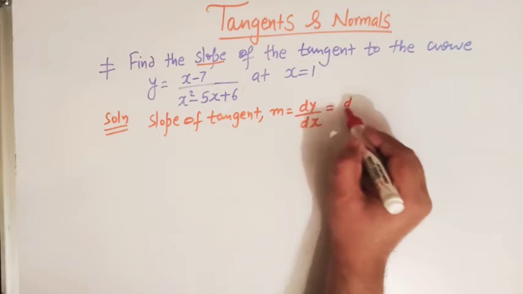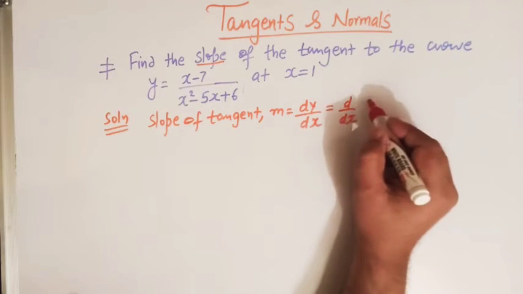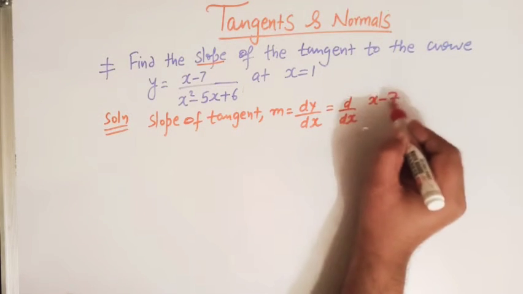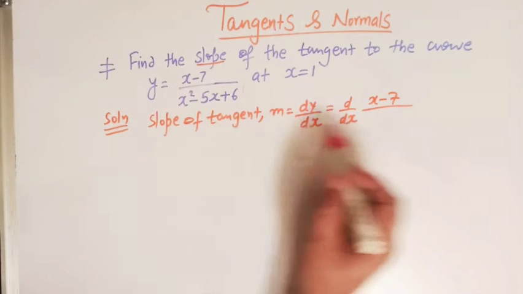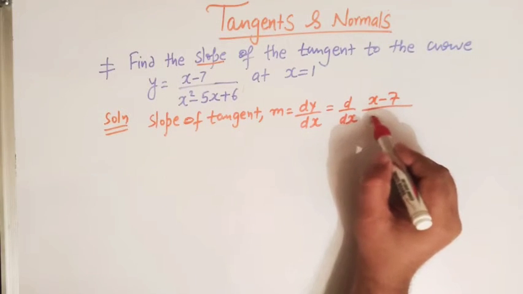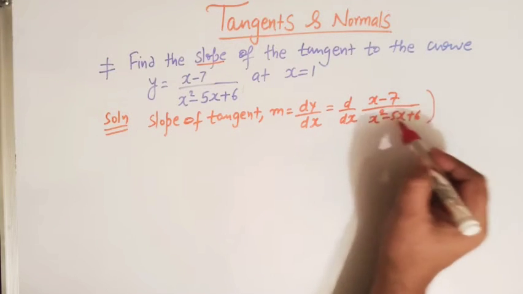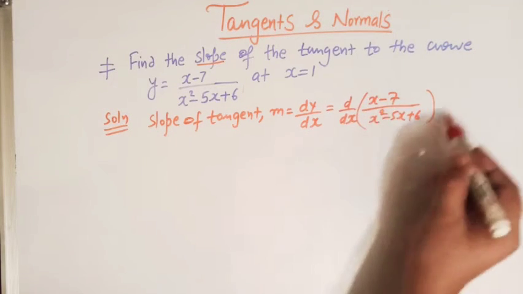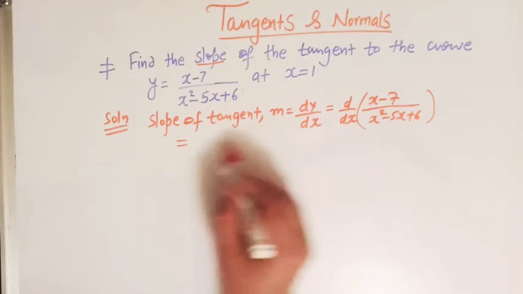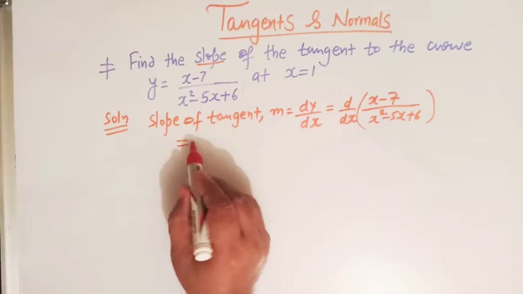So here we will apply the quotient rule, that is, x minus 7 divided by x square minus 5x plus 6. Now we have to find the derivative. Now here we will apply the quotient rule.